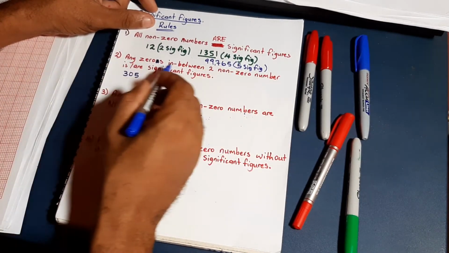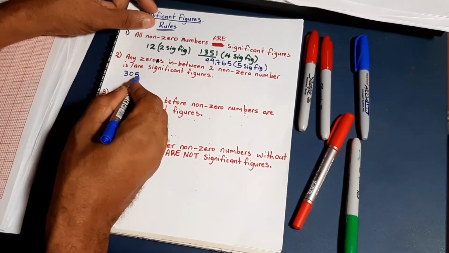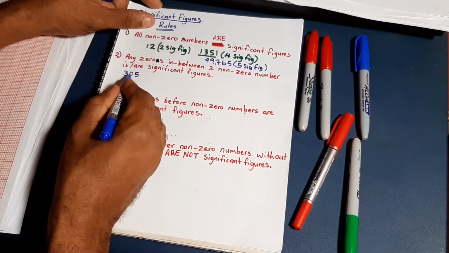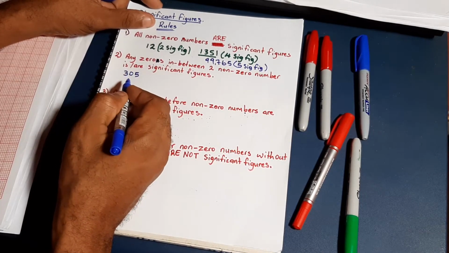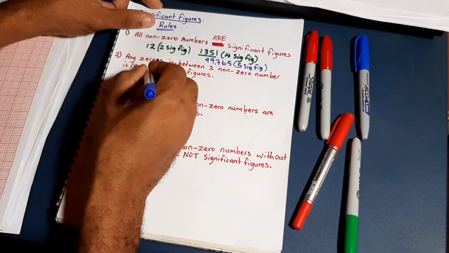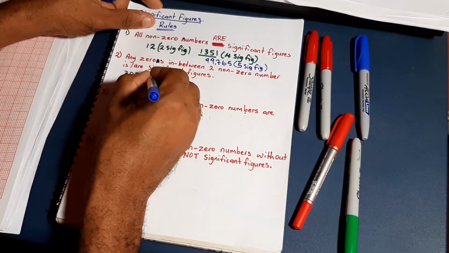Why? Because it's in between 2 non-zero numbers, 3 and 5. So this would be 3 sig fig.